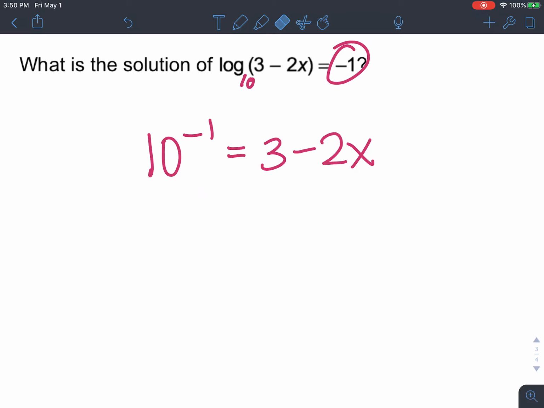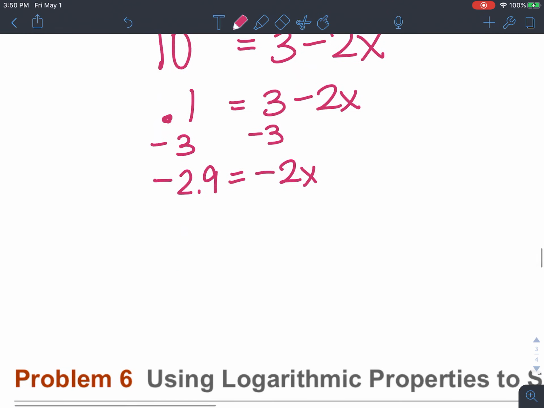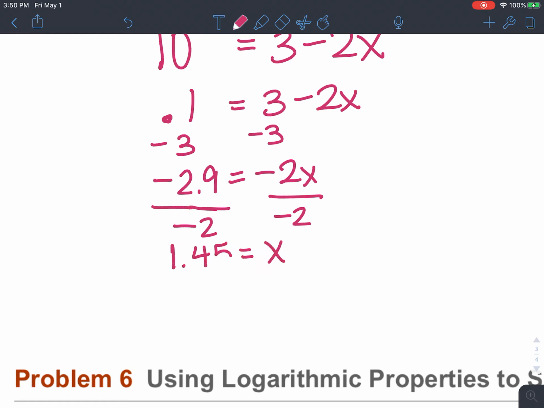It might be easier if we just do a decimal. So a decimal, 10 to the negative 1, will be 0.1. And then if we subtract 3, we'll get negative 2.9. And then we'll divide that by negative 2. Oops. And we get 1.45.